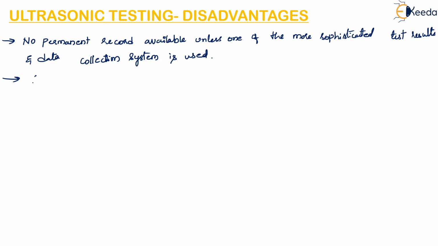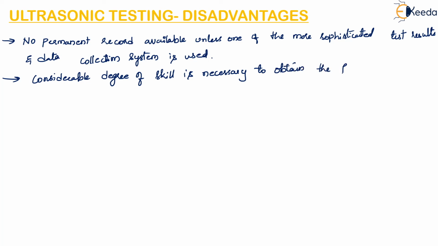So considerable skill is necessary to obtain the fullest information from the test. So if a layman is going to just see the results of this test, he will not be able to understand what they are actually showing.